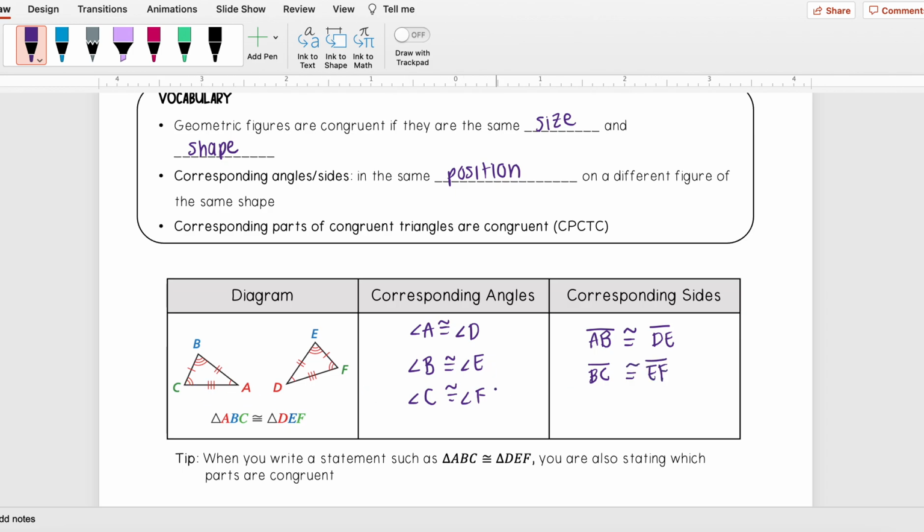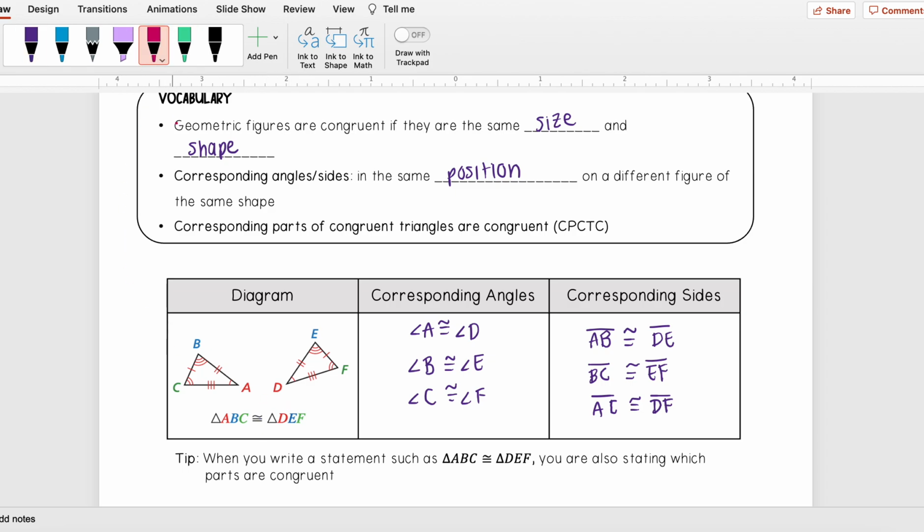And then AC is congruent to DF, and I see that because they both have three tick marks. And so these are the corresponding angles and corresponding sides of these congruent triangles.